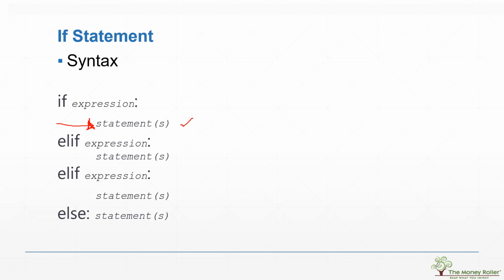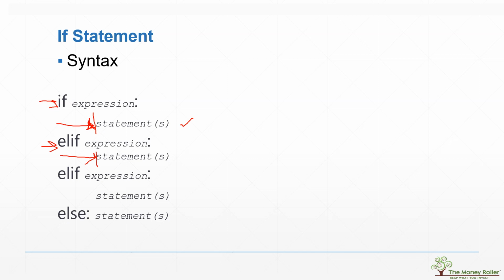Else if some other expression is true, this statement is going to run. You need to keep track of how if and else if are both in the same line, and how these statements are indented, but again they are in the same straight line.